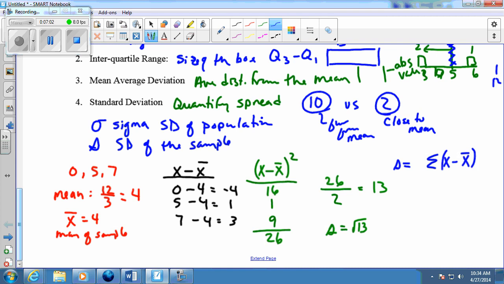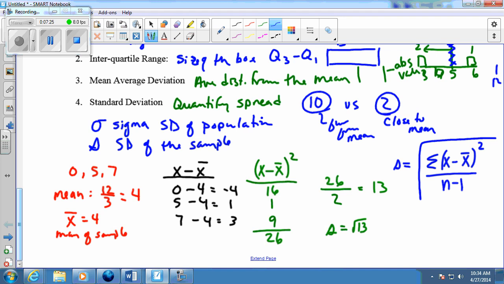Recall, we squared the difference so that it was positive, then we added them all up, and then we divided by n minus 1. n is the number in your sample, and then at the end we had to take the square root to undo the square that we had.